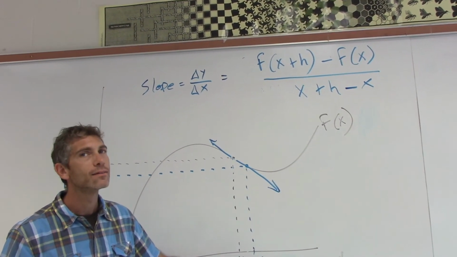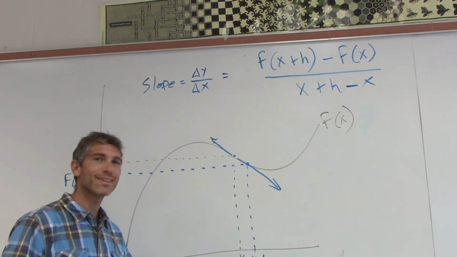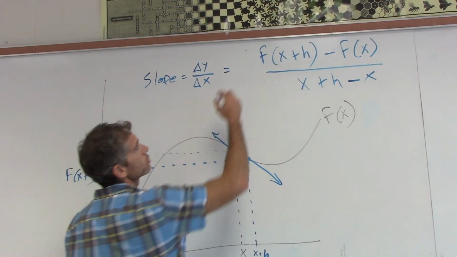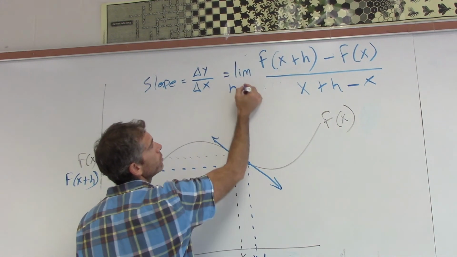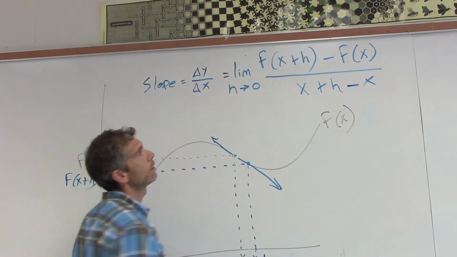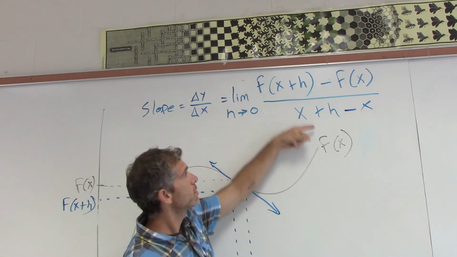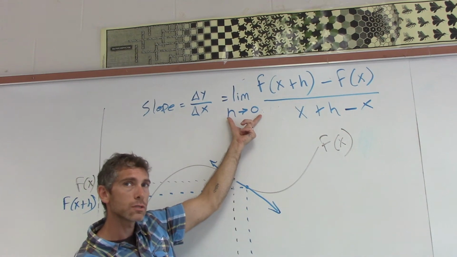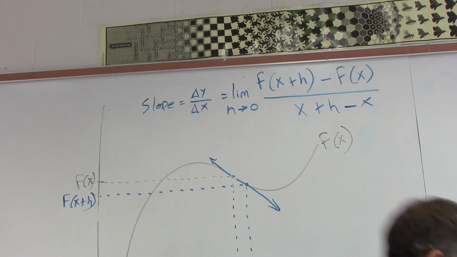You basically want it to be 0, but it can't really be 0 because then it'd be the same point. We'd be exactly at the same spot. And here's where we introduce this idea of a limit as that h value approaches 0. There we have the slope between 2 points, and this verifies that those 2 points are getting infinitely close together, which changes the picture ever so slightly.